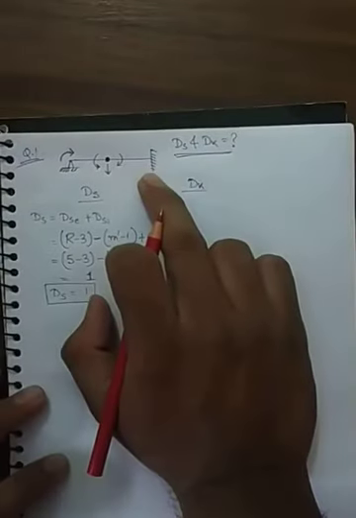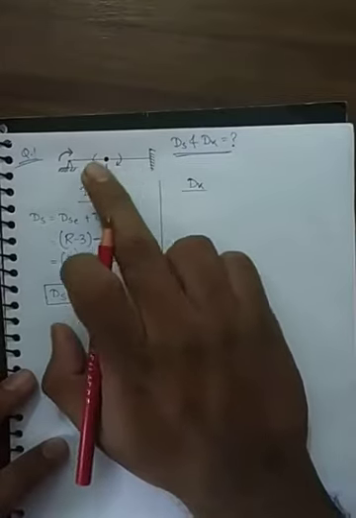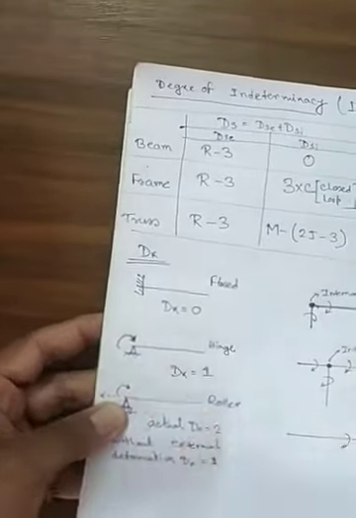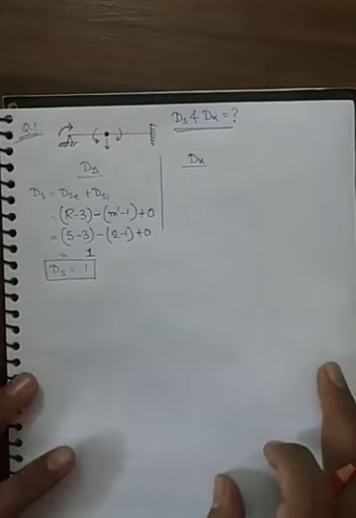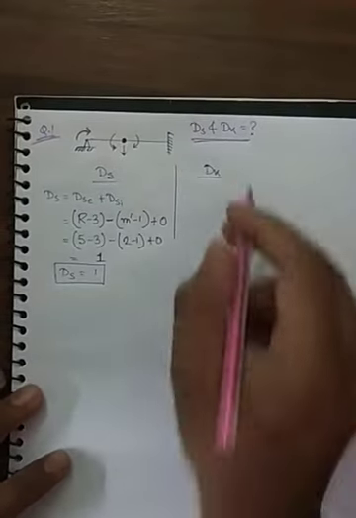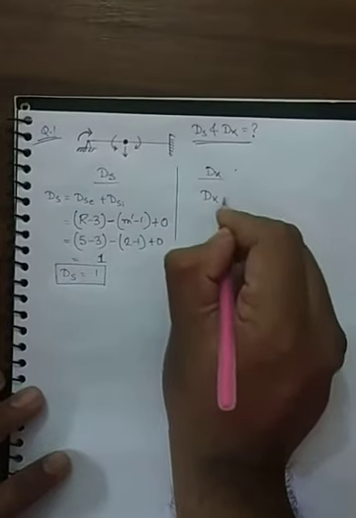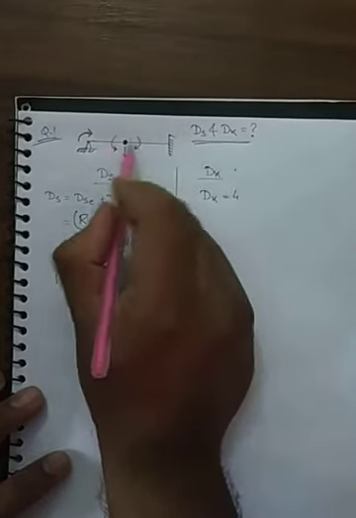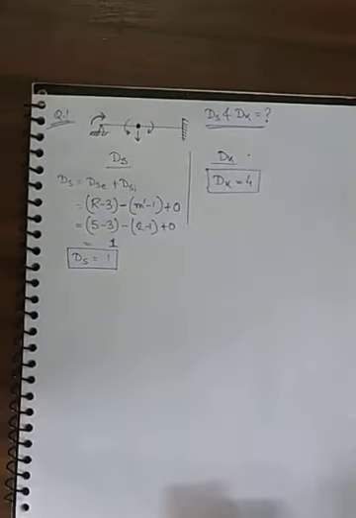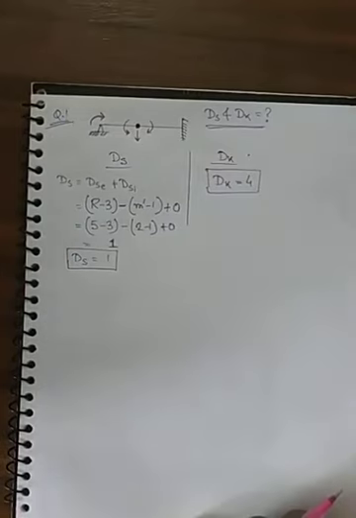And here nothing. So 1, 2, 3, 4. You can see in case of fixed, the degree of freedom is 0. There is nothing. So your dk value comes 1, 2, 3, 4. This problem is complete.